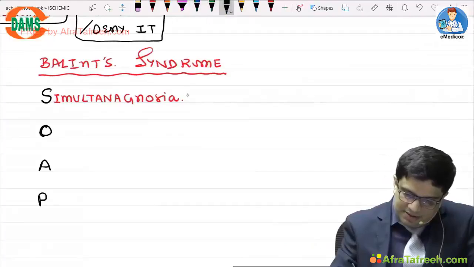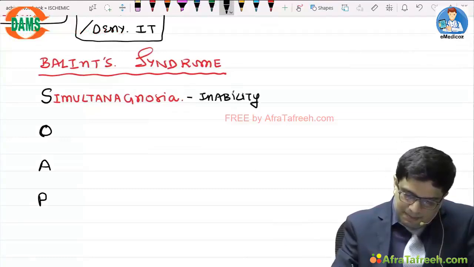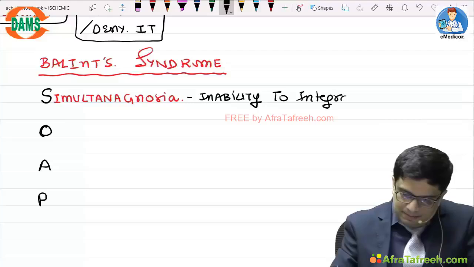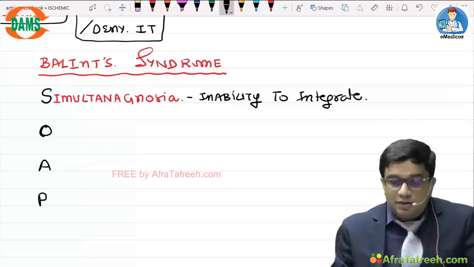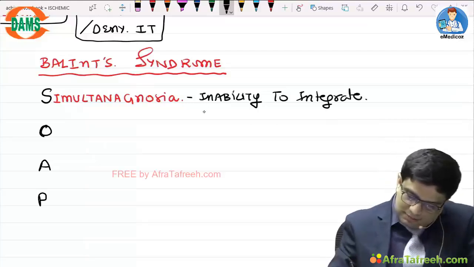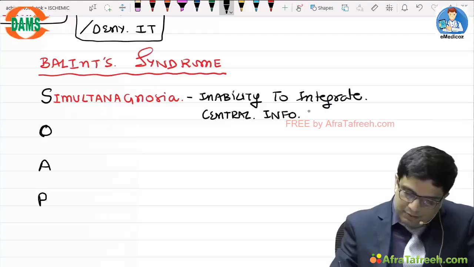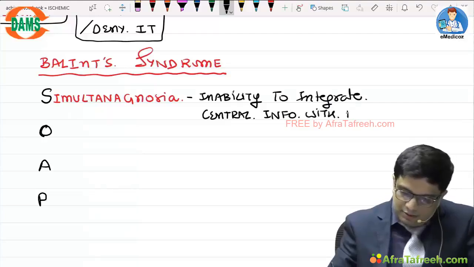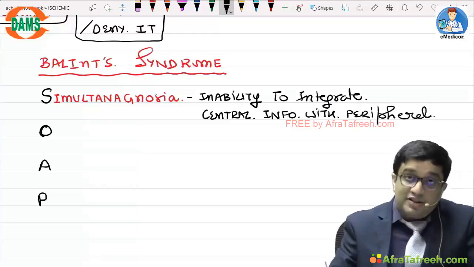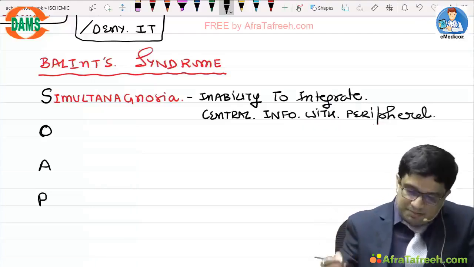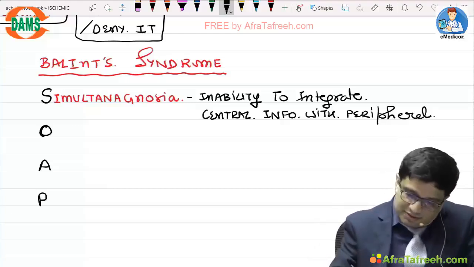Simultagnosia basically means inability to integrate the central information with the peripheral field of vision.